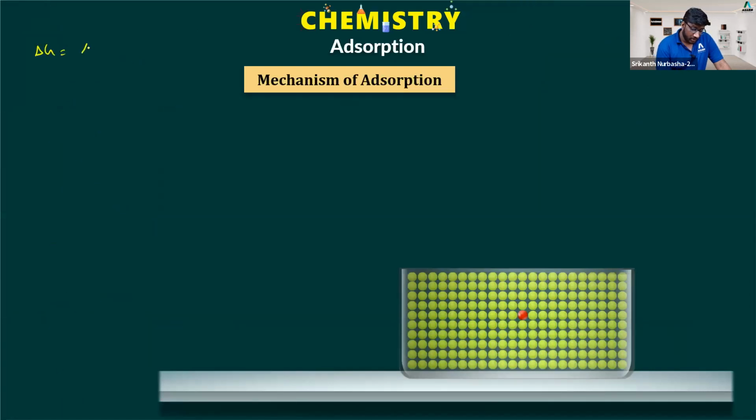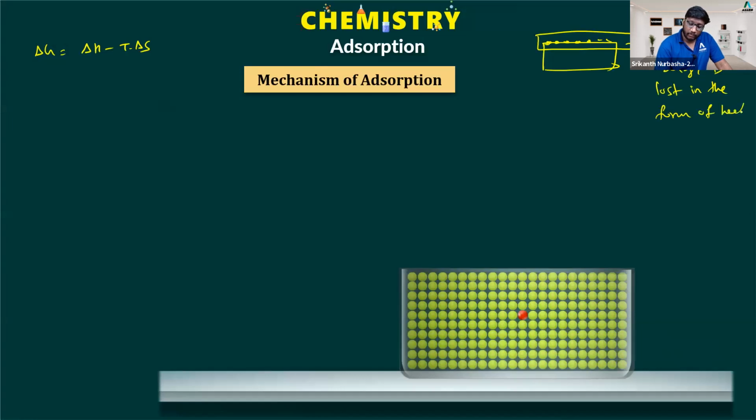So delta G is equal to delta H minus T into delta S. This is a surface energy. On the surface, whatever the points you have, that surface energy is lost in the form of heat. Delta H is negative. Delta S of system is negative.